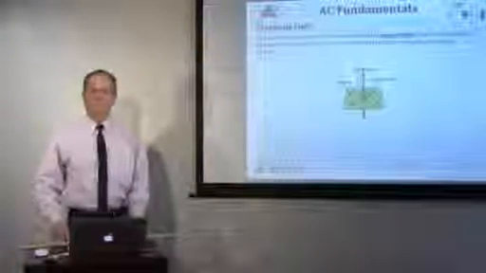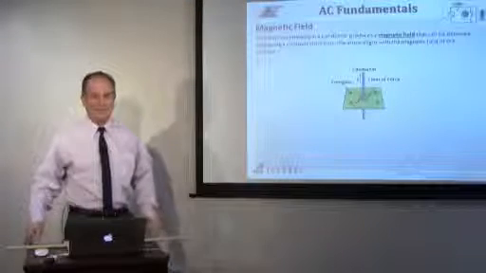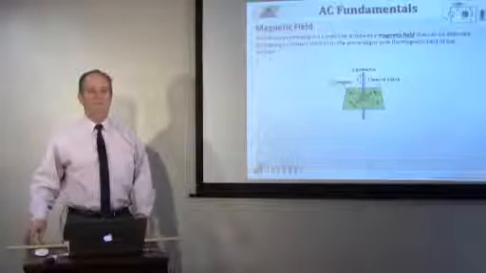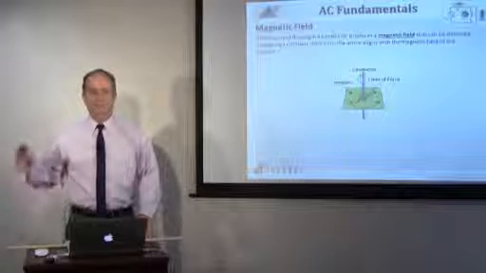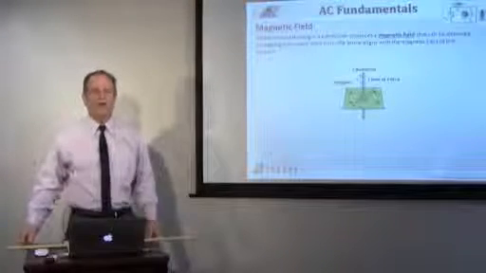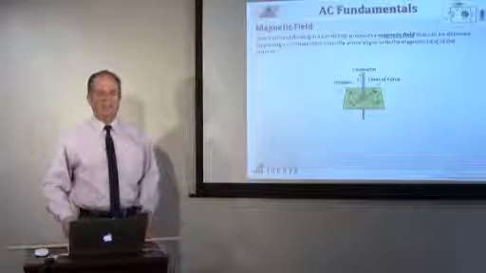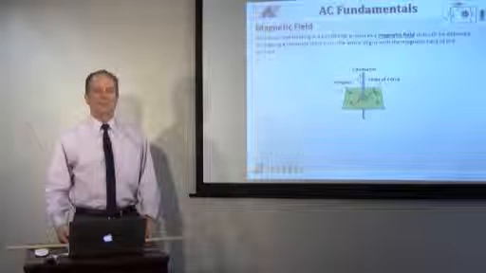That is a fact of life. Current flows through a wire, there's a magnetic field. Accept it, just like gravity. You accept gravity. It's there. It's a fact of life. It's a physical law. Current flowing through a conductor creates a magnetic field. That's a physical law, okay?